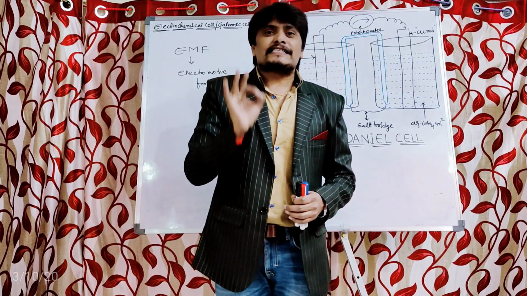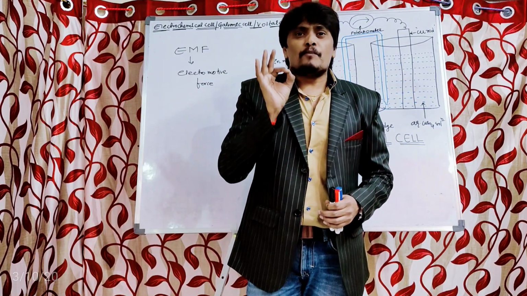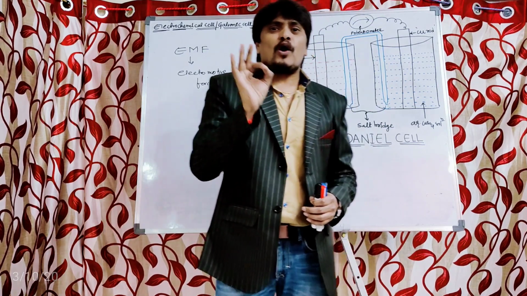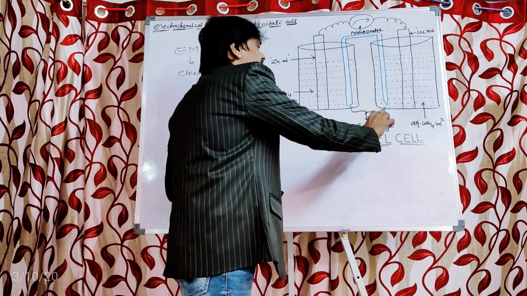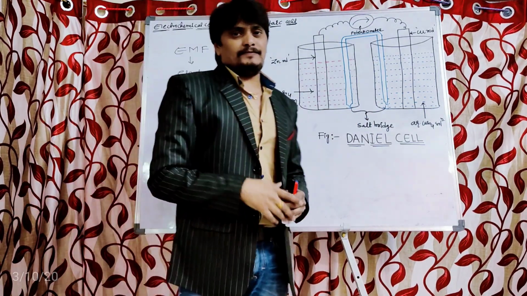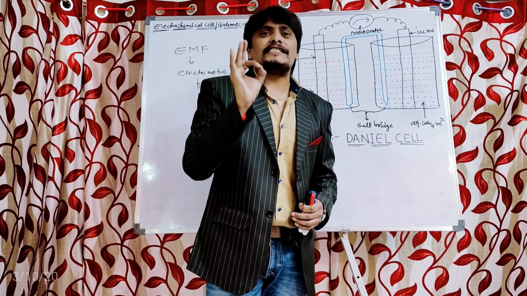Now let us discuss the electrochemical cell with an example. The most familiar example of the electrochemical cell is the Daniell cell. First let us discuss how the Daniell cell can be constructed.